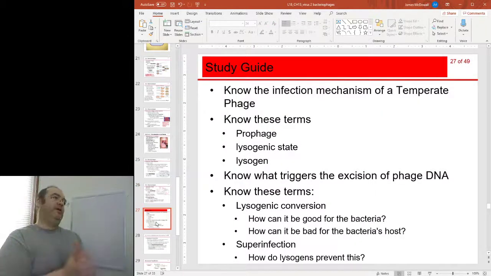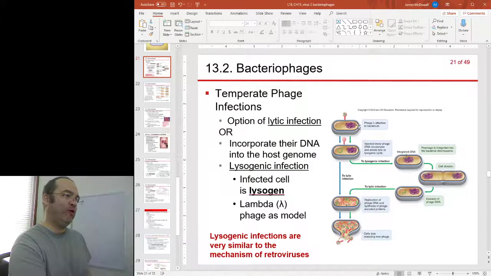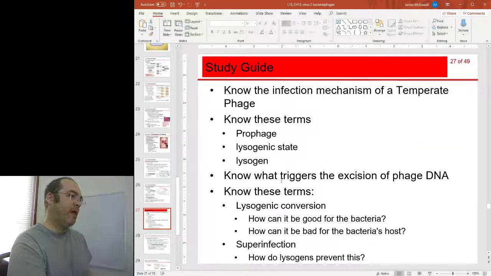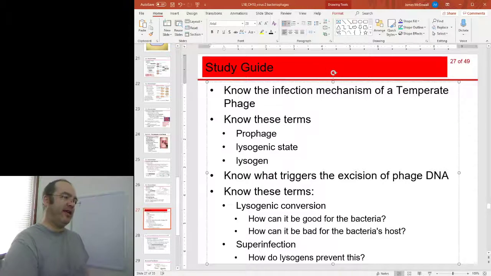Okay, so the infection mechanism of a temperate phage. What is a prophage? What is a lysogenic state? What is a lysogen? Know the decision the phage has when it first gets in the cell. Does it go to the lytic cycle or does it go to the lysogenic cycle? Know what triggers the excision, the snipping out of the phage DNA.